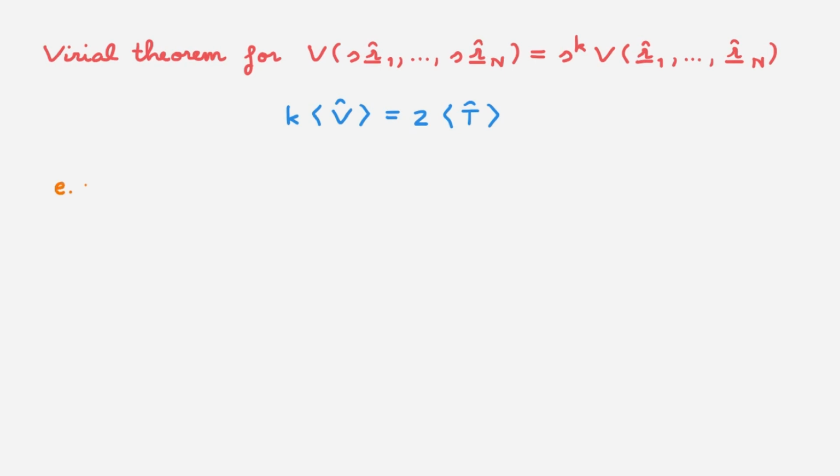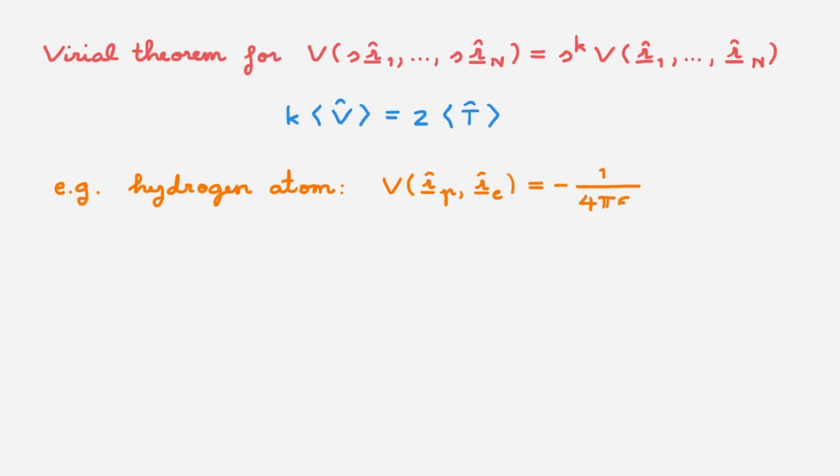Let's consider two quick examples. The first is for the hydrogen atom, which is a two-particle system in 3D. We have a full series on the hydrogen atom, and I recommend you check it out by following the relevant links in the description. But what matters for our purposes today is that the potential energy of the hydrogen atom is given by the electrostatic interaction between a proton and an electron, and it takes its usual form.